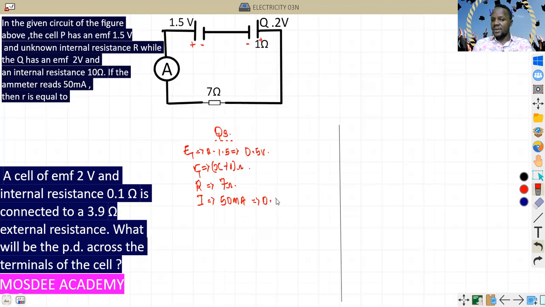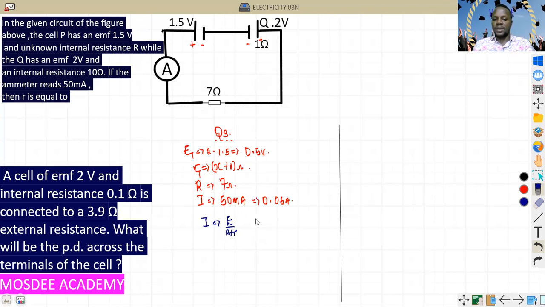That's 0.05 amps. So directly, my dear students, what we just need is to substitute into our formula, which we have studied. From what we have studied, we said the current I is equal to E over R plus r. Or you write it as E equals V plus Ir. Anyhow you want to write it, what matters is you are looking for the value of X. Substitute the parameters into the formula.